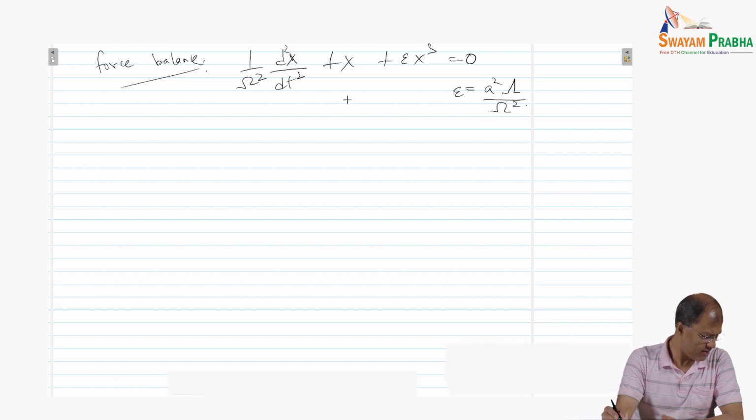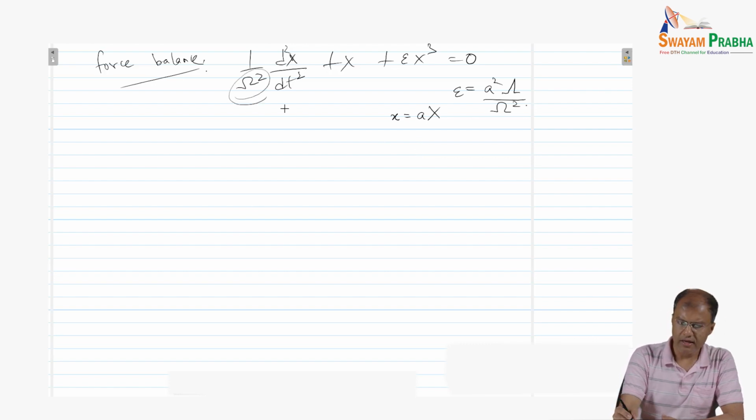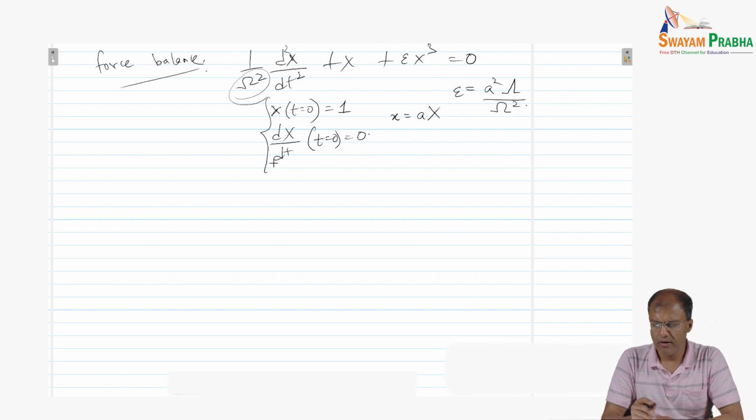Remember, we have done a variable substitution such that my small x is a times capital X, and we have further divided throughout by omega square, and we see that this time we have done so that now my initial conditions are capital X at t equal to 0 is 1, and dX/dt at t equal to 0 is 0, right?